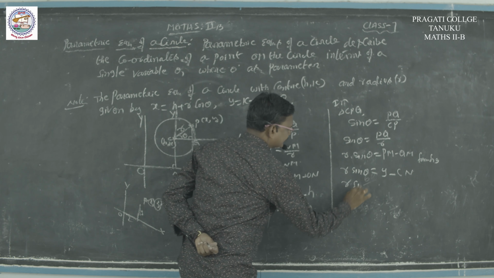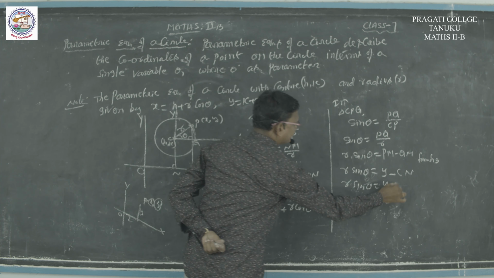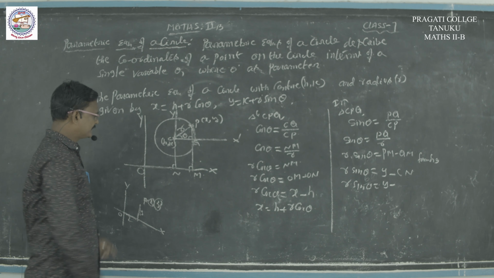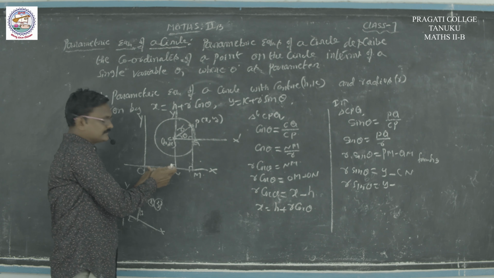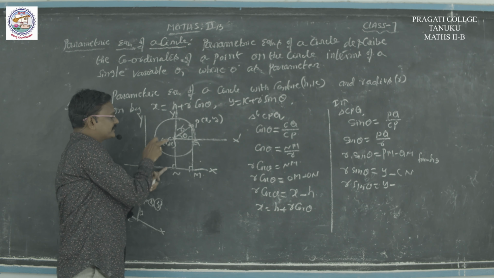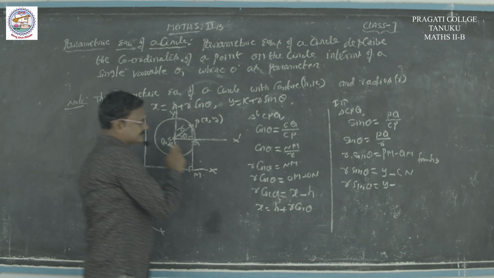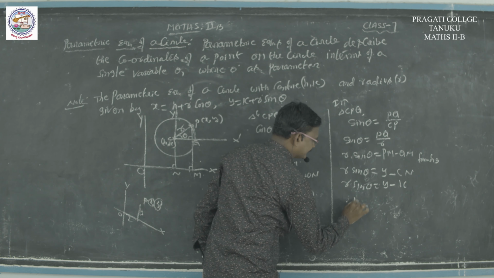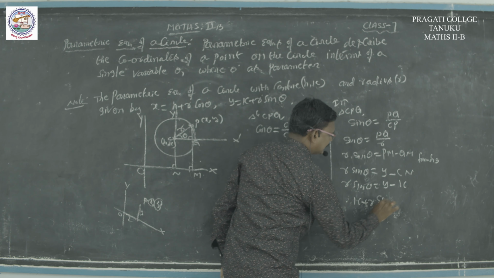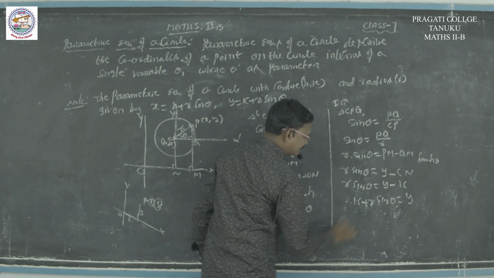Now r sin theta is equal to y minus CN. So CN, this length, is equal to the corresponding y coordinate of center C, that means k. So y minus k. Therefore from this, k plus r sin theta is equal to y.